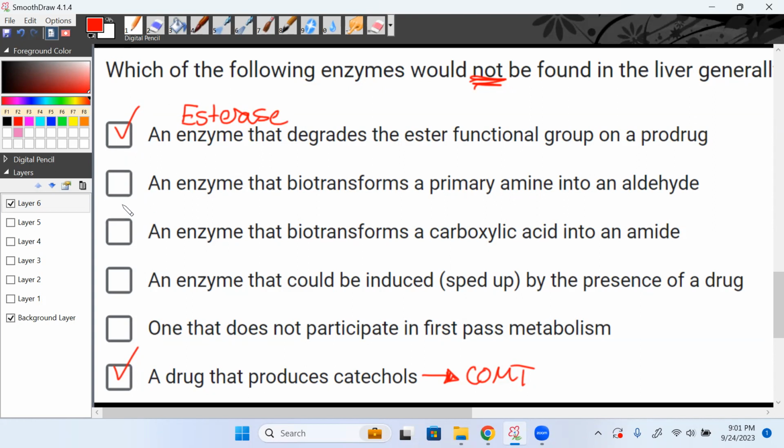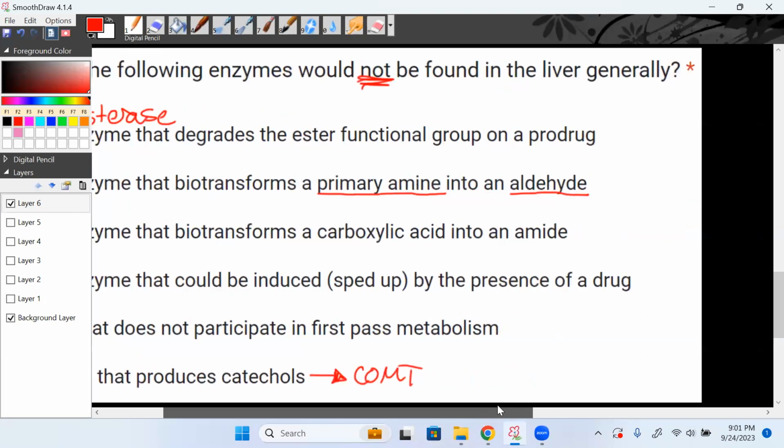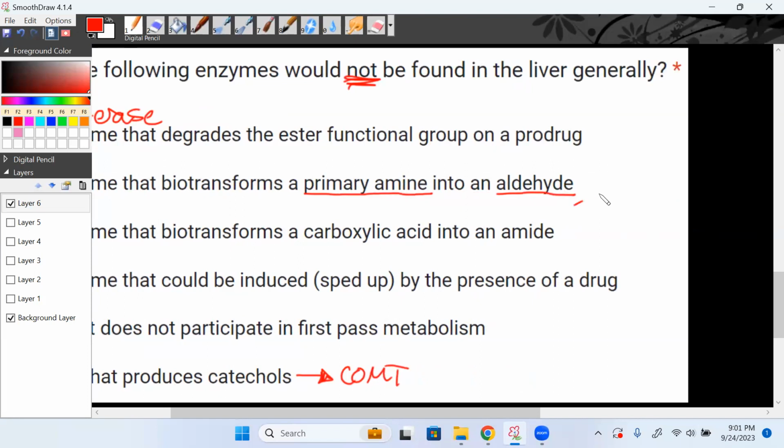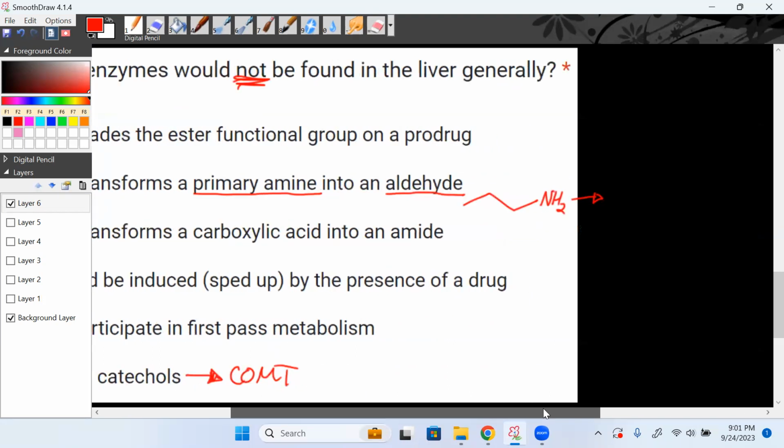How about an enzyme that transforms a primary amine into an aldehyde? In order to get an aldehyde at the end of a chain, it would have to be something like this.